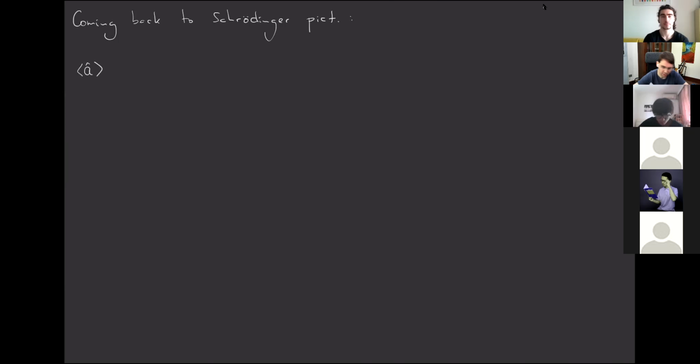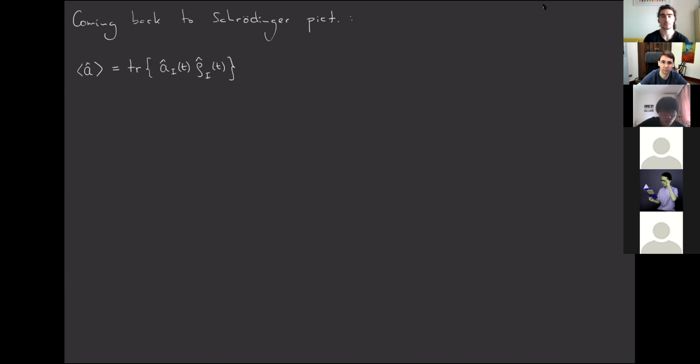So first of all, we want the real expectation value of A, okay? The real expectation value of A, as I told you already, let me just remind you, can be written as the trace of the intermediate picture operator times the intermediate picture state.